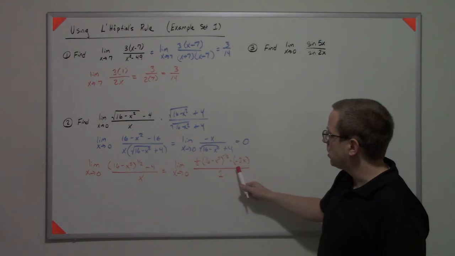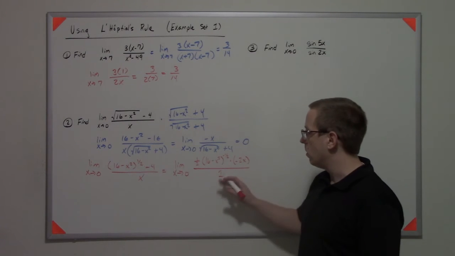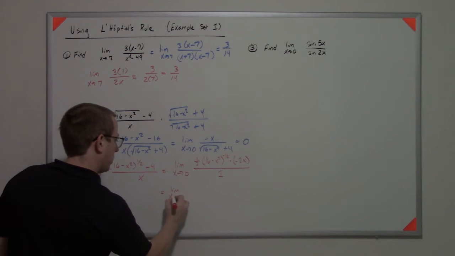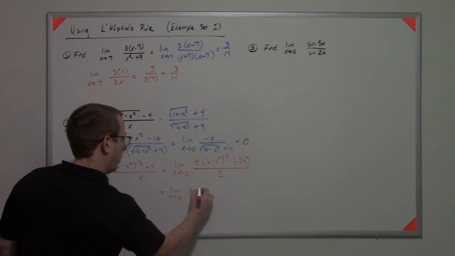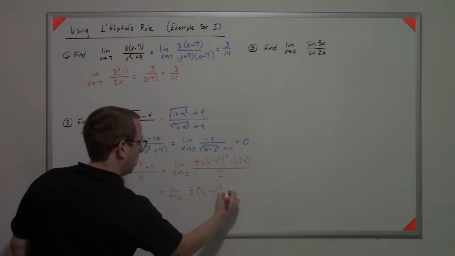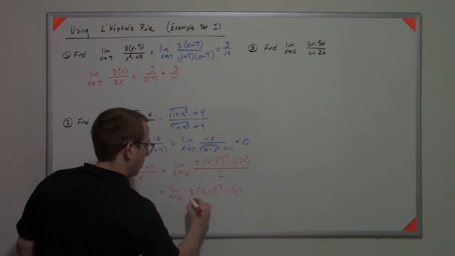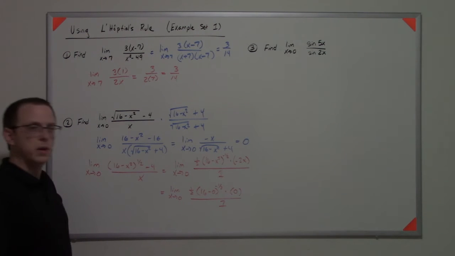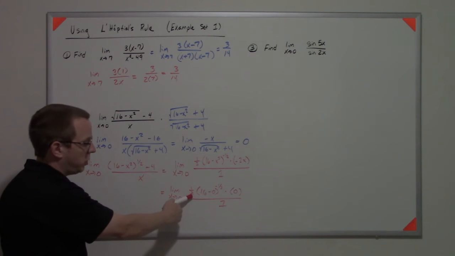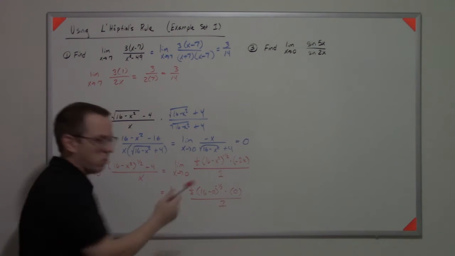So as a result, if I just plug in 0 here, I get the limit as x goes to 0 of 1/2 times 16 minus 0 to the negative 1/2 times 0 over 1. So that's just some number times 0 over 1.